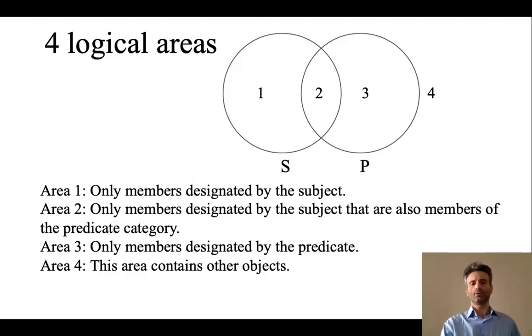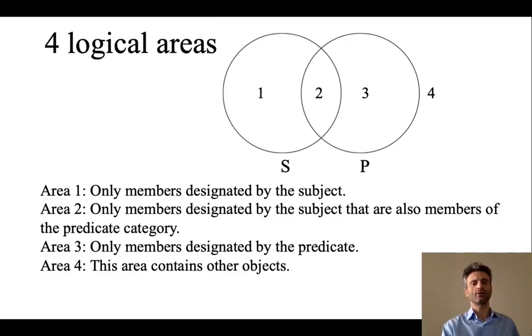Area 2, on the other hand, as you can see here, is this eye-shaped area. Area 2 contains only blonde people that are beautiful. Now, how many blonde people that are not beautiful are contained in area 2? Think about it. Zero, not even one.